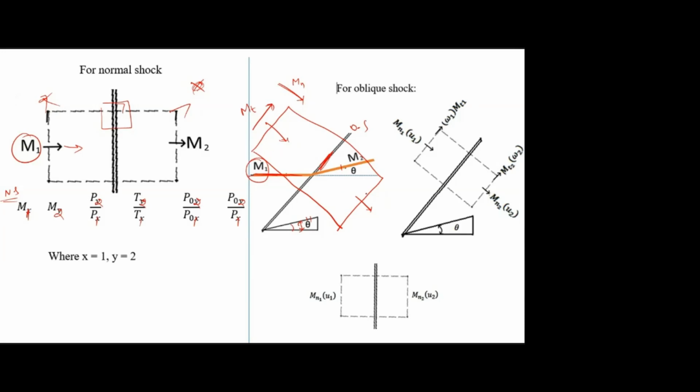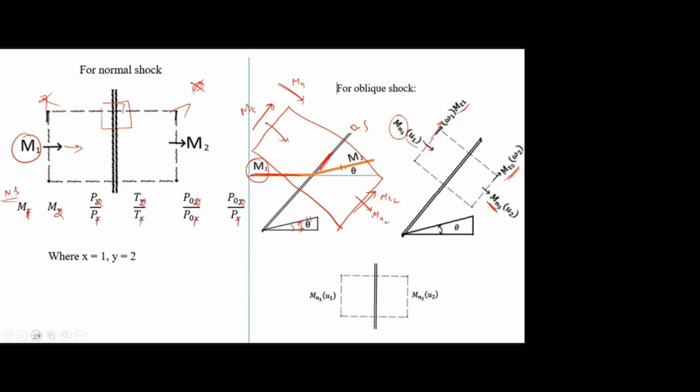Yes, sir. Similarly, this M2 I also have to resolve into a normal component and a tangential component. So instead of M1 I have taken Mn1, the normal component, and Mt1, the tangential component. Similarly, downstream of the shock, Mn2 is the normal component and Mt2 the tangential component, and the corresponding velocities are U1, W1.